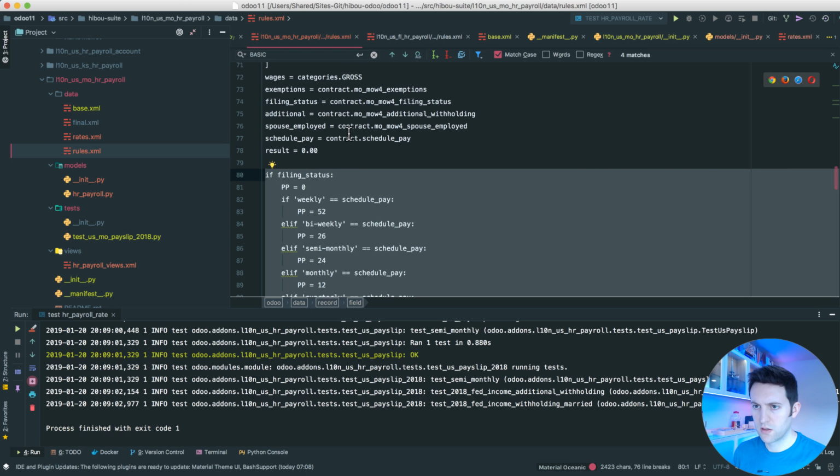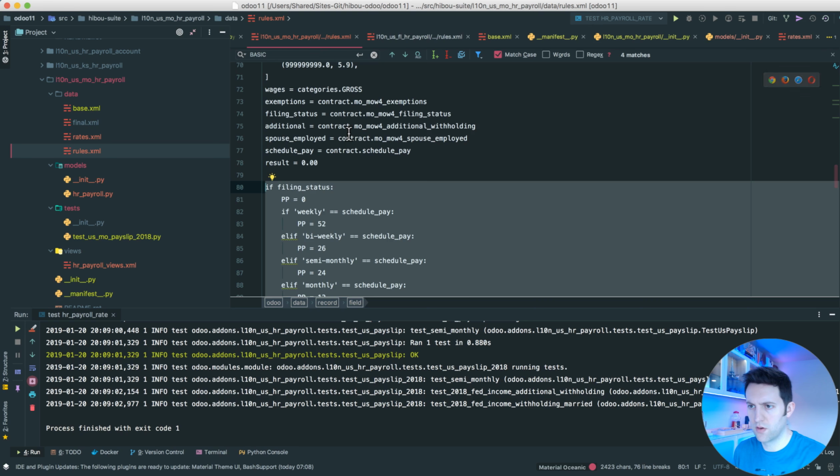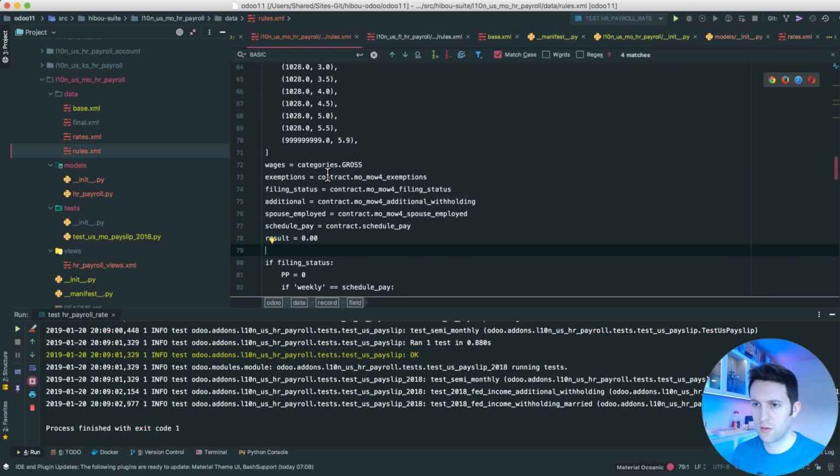If filing status, presumably they can have an exempt filing status or something like that. Let's grab our year.